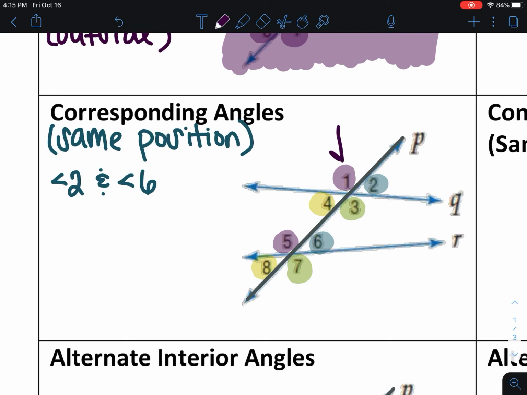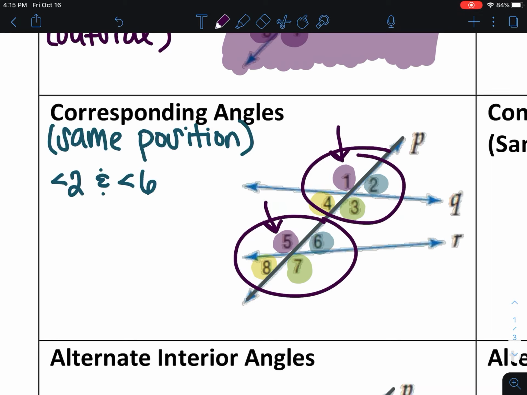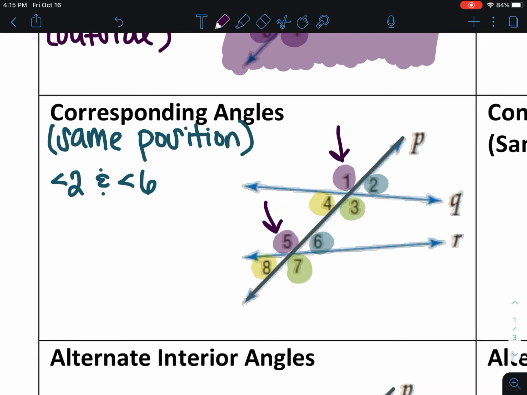Also, we can see angle 1 and angle 5 are in the same spot. If you look at the groups again, they're in the top left corner of each group of angles. And if you look here, you can see angle 4 and angle 8.